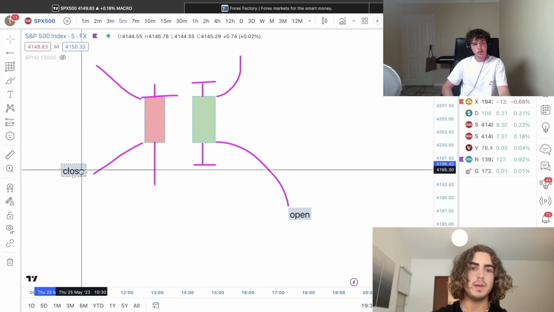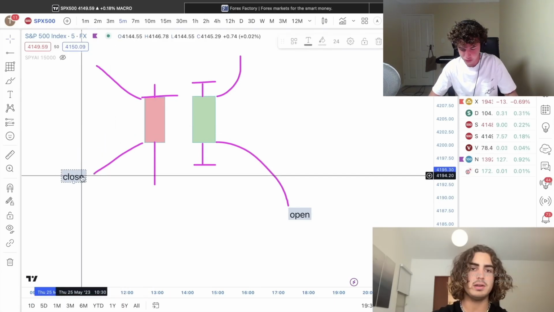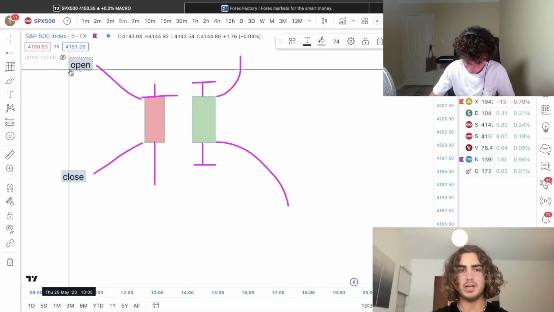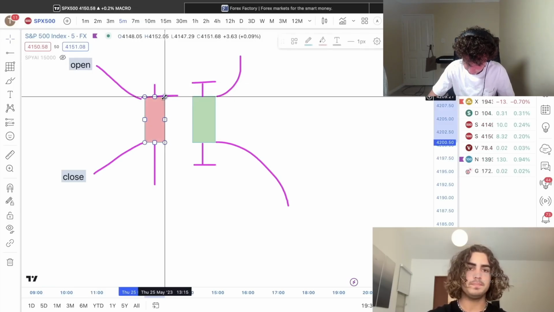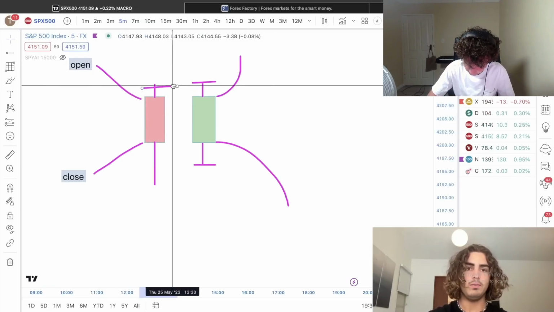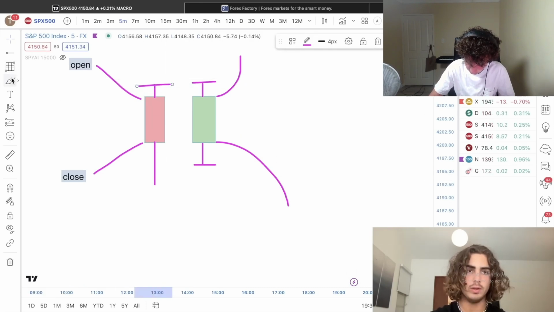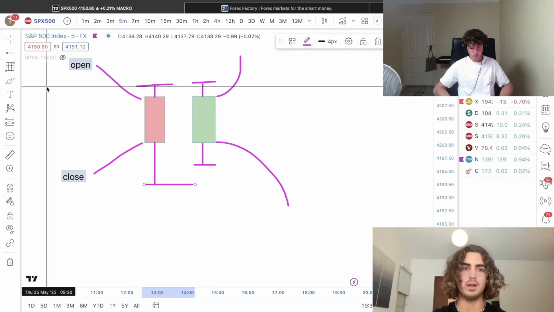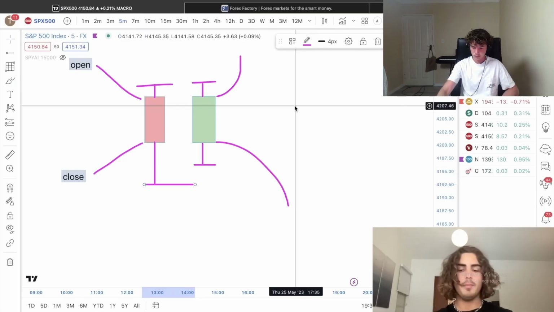The close on a bearish candle is lower, and the open is higher. And right up here is the highest point that price was able to go to, and down here was the lowest point. Perfect. Candlesticks simplified by TJR.